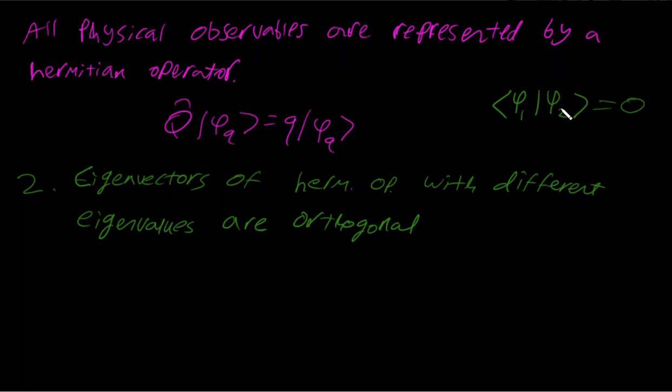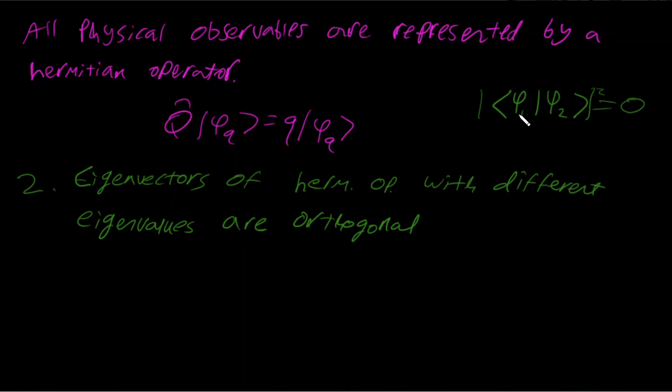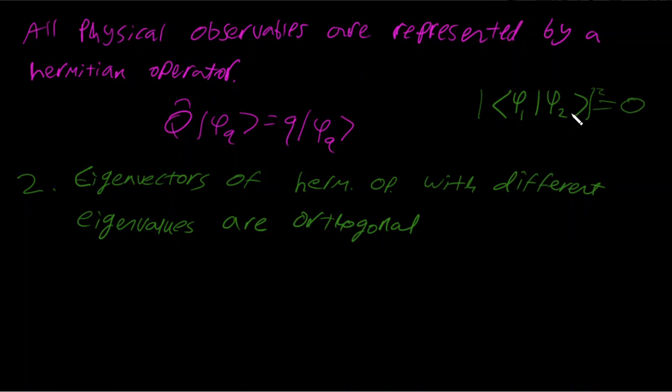Otherwise I'm asking, what is this, the norm squared, which is the probability that if I'm in the state phi2, I have a value of q being equal to q1? But if I'm in the state phi2, that means q is equal to q2. And so the probability of having q1 in the state with q2 will obviously be 0, unless q1 equals q2. So this has to be true for a physical observable to work with our probability postulate.